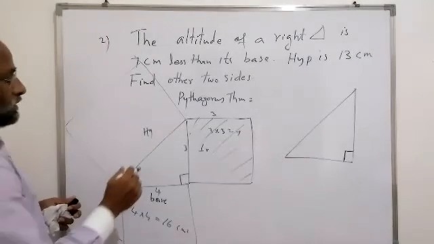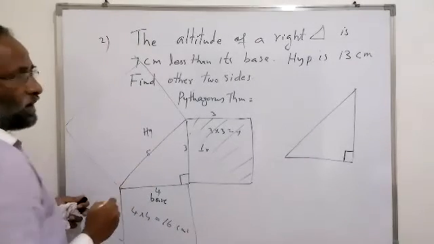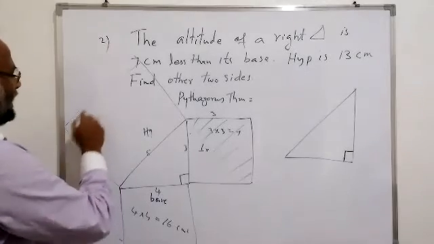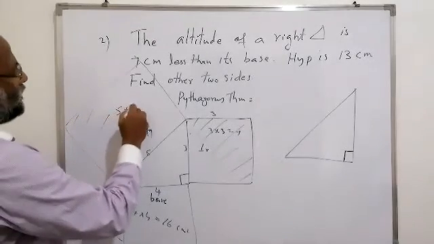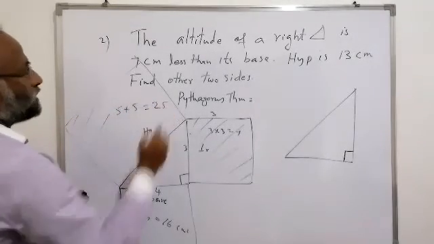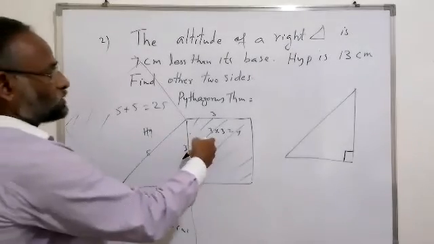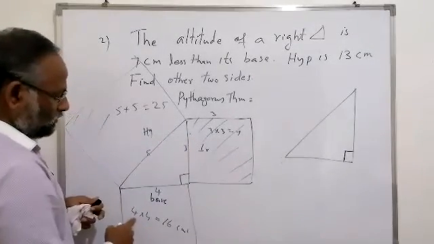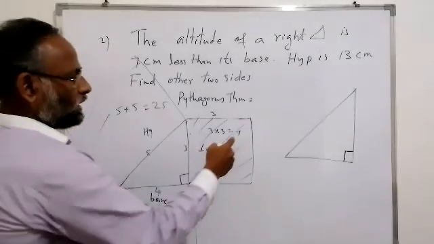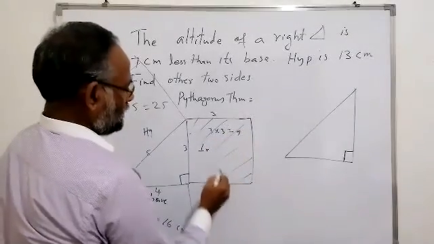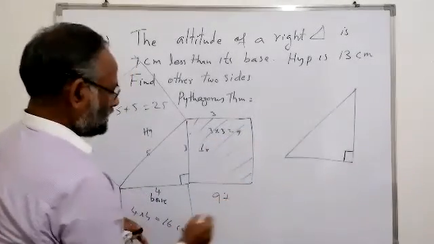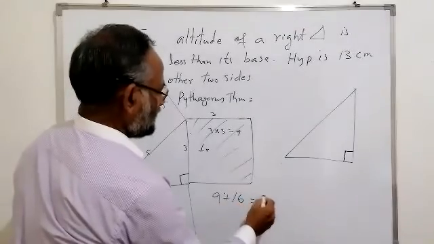Look here. What he is telling. This is 5. You are taking the area. It will be 5 into 5. See, 5 fives are 25. Listen to me carefully. 5 square, 3 square, and 4 square. Now look here. This 9 plus 16 is equal to 25.